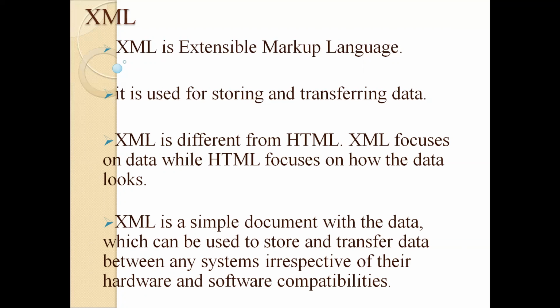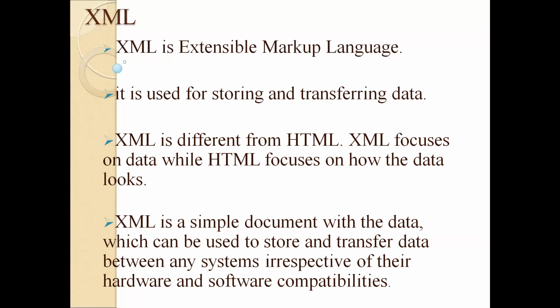So here, an XML document is a simple document which contains some data, right? And the data can be stored and we can transfer the data between any systems. There is no boundary for this. There is no restriction that we can only transfer the data between certain systems which have some configuration.